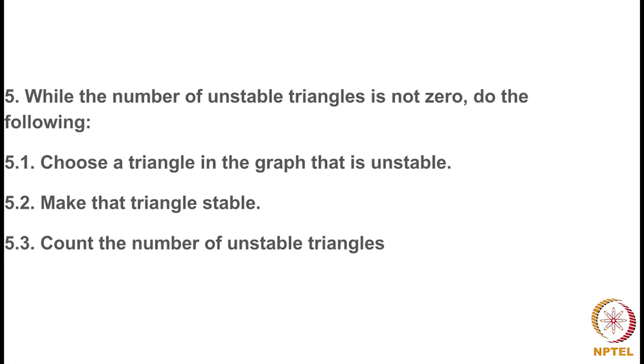After moving one triangle from an unstable state to a stable state, the total number of unstable triangles will change, so we are going to keep account of that. We are going to do this until the total number of unstable triangles becomes 0. So we are going to repeat steps 1, 2, and 3 here until the whole network becomes stable. That is the whole idea of making the network move from an unstable to a stable state.